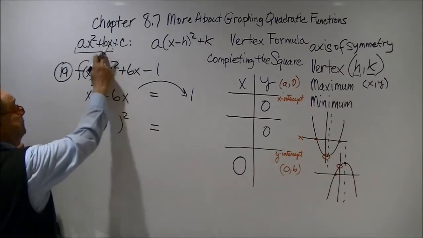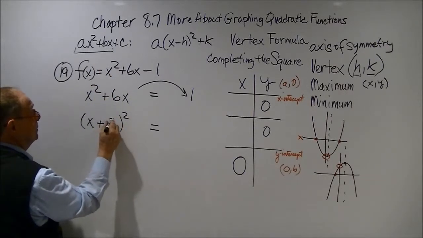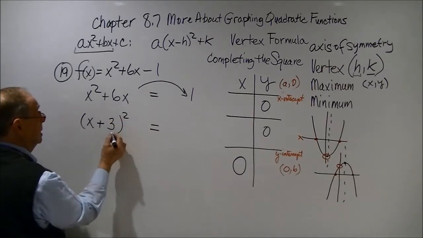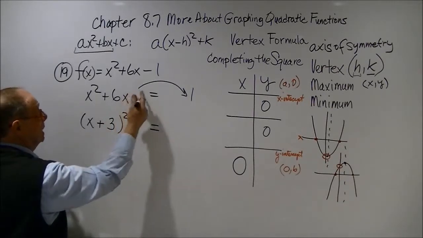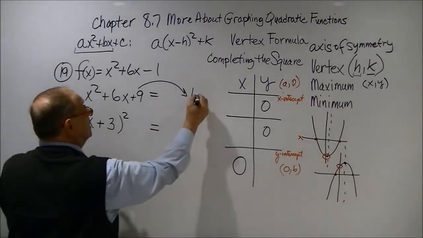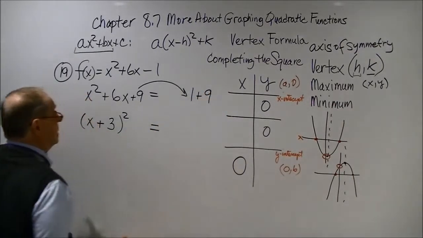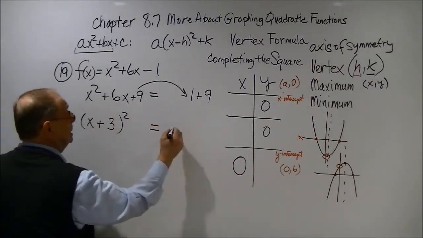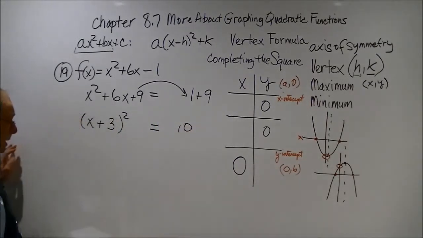We take half of b, which is 3. We square the 3 to get our c term, which is 9. And to keep this an equation, we have to put the 9 on that side as well. So we then have this, once we factor it, equals 10.